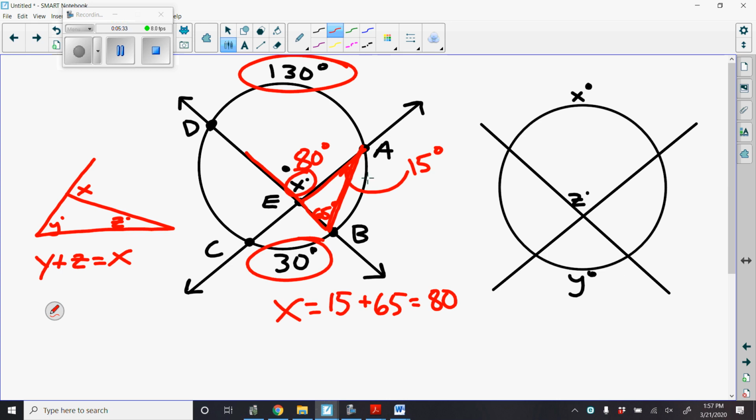So this angle is the sum of these two. 130 plus 30 is 160. 160 divided by 2 is 80. So I like to think of this as angle equals bend plus bend over 2.